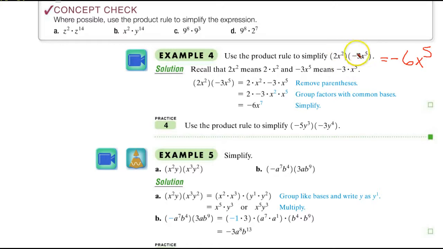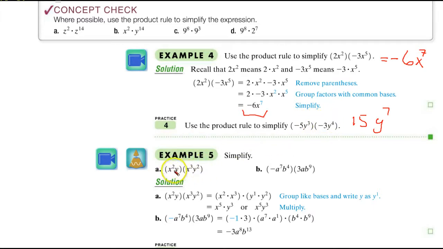Well, how about 2 plus 5, x to the 7th? Yeah, that would be much better. I was thinking this 3 here. Okay, but anyway, there's the answer. Better do the practice here. Negative times negative will give you a positive 15 y to the 7th. Just adding your exponents.